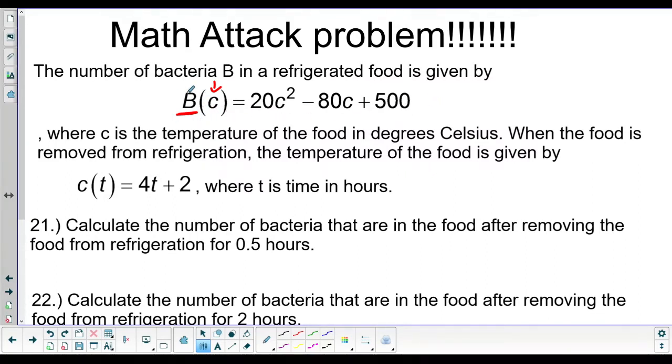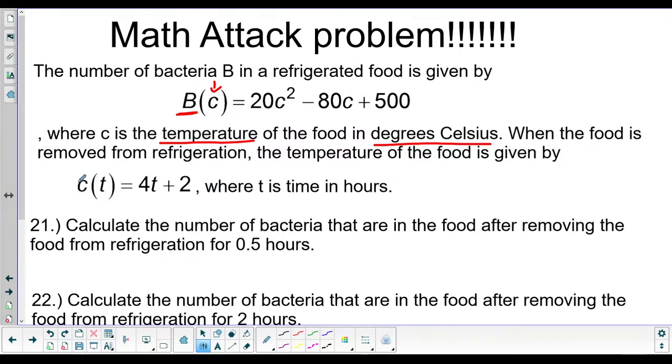The amount of bacteria is 20 times C squared minus 80C plus 500, where C is the temperature of the food in degrees Celsius. So C is how warm or cold our food is. When the food is removed from the refrigerator, the temperature of the food is given by this.